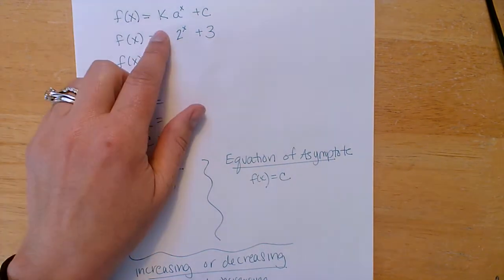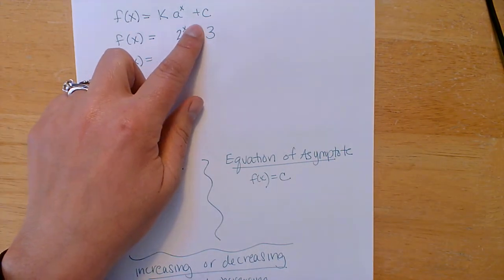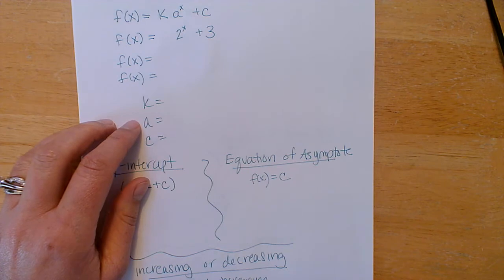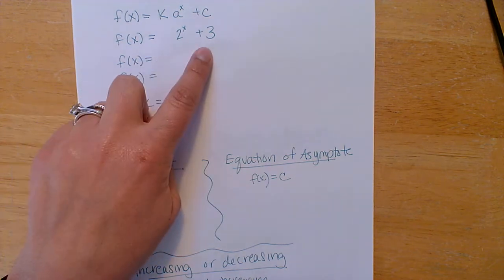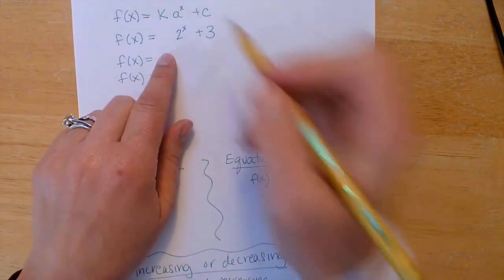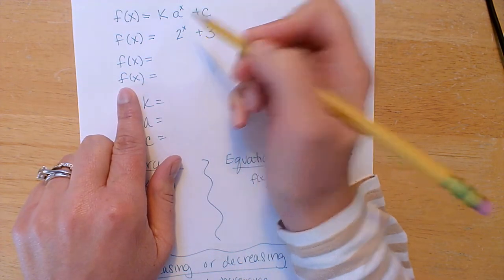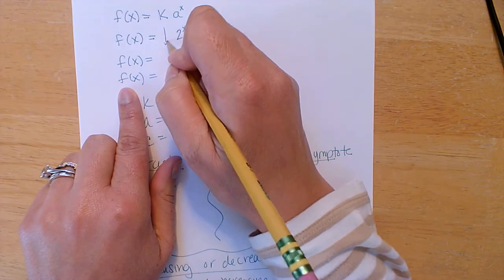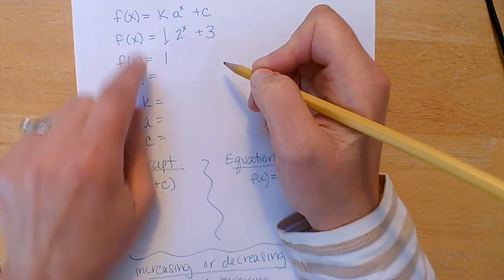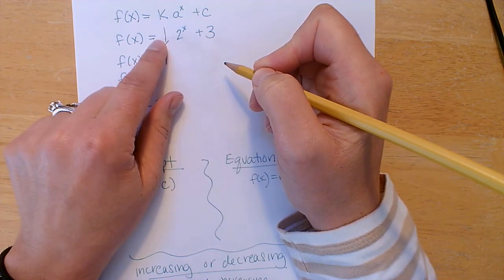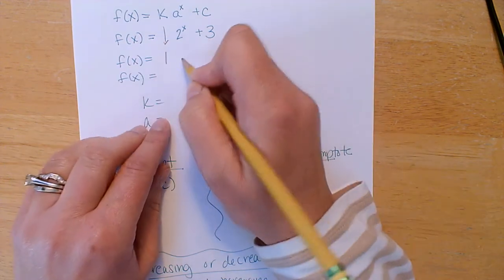F of x equals k times a to the x plus c. So again, I wrote down the equation, but matching everything up, I'm noticing I'm missing k. Remember, what happens when we're missing k? What do we have to fill in? You're right, we have to fill in that 1. So when we're missing k, there's no number in front being multiplied, it's going to automatically be 1.